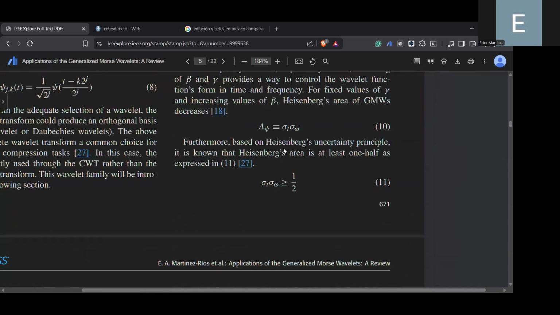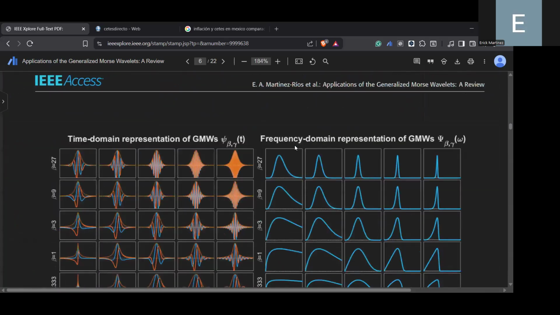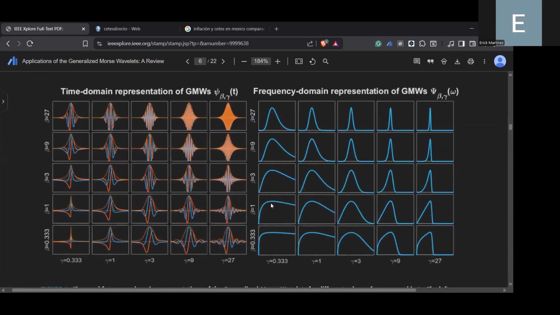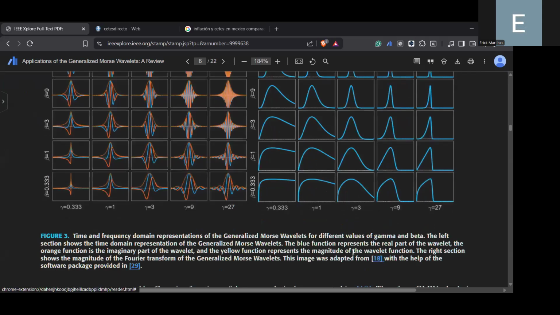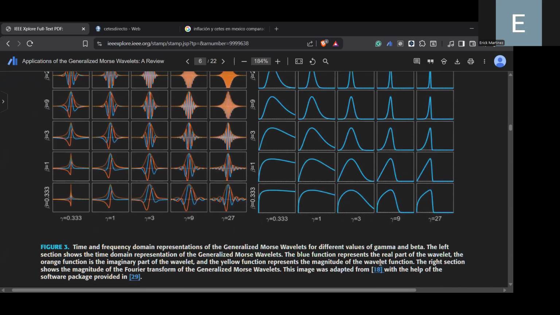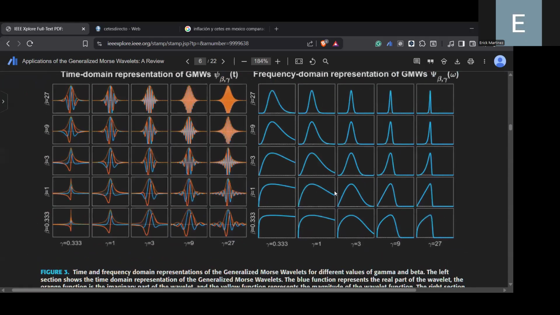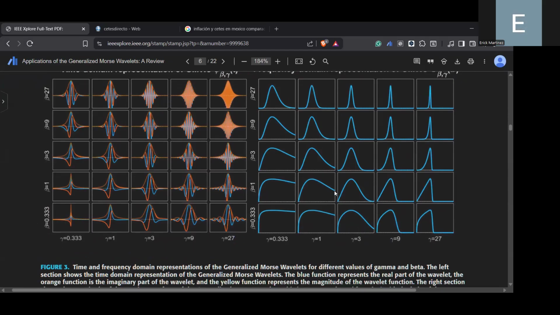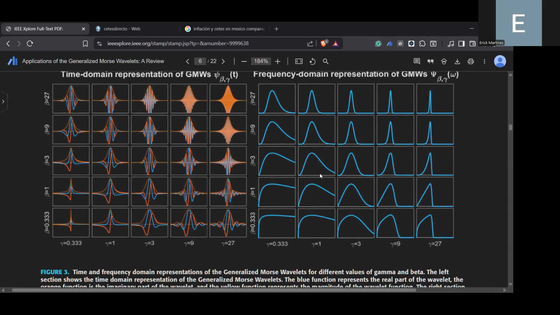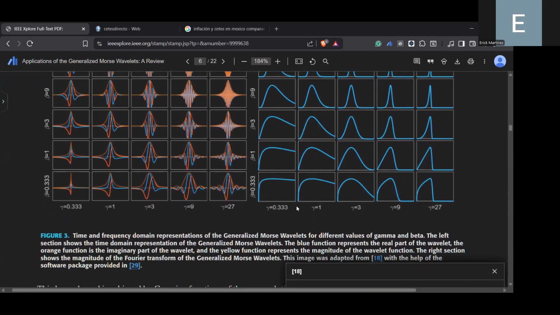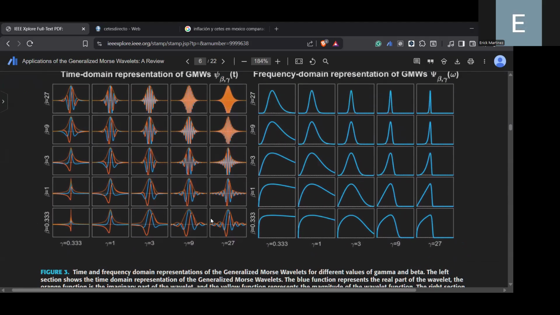Before deepening into that aspect, I wanted to show you this graph that is also based on the work of reference 18 of this paper, which, as you remember, is the work of Lilly and Olhede. I basically took the package that they developed to plot the generalized Morse wavelets to generate this graph. These are correctly referenced in this image and also along the paper.